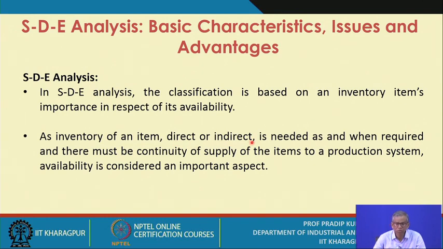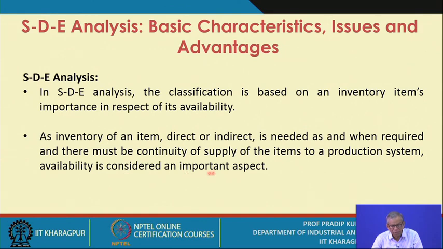But you also must be dealing with indirect items, which are those items required to run the production systems. The item could be direct or indirect, and these items are needed as and when required, and there must be continuity of supply of the items to a production system.